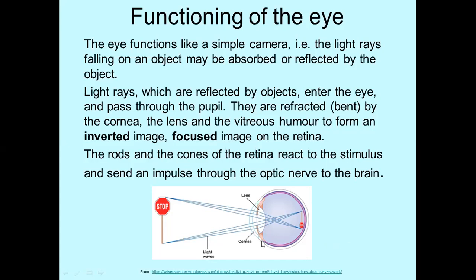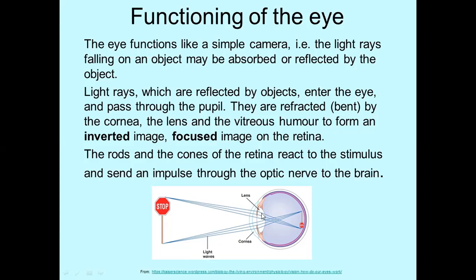So remember that what happens is those light rays that are reflected then pass through the eyeball. Some of them will, some of them won't. They're refracted by the cornea, because going from air to the cornea is passing from one medium to another medium. And you know that when light rays pass from one medium to another, they are refracted.